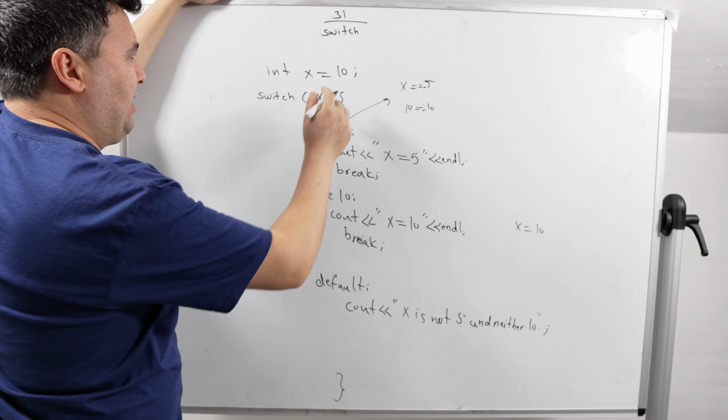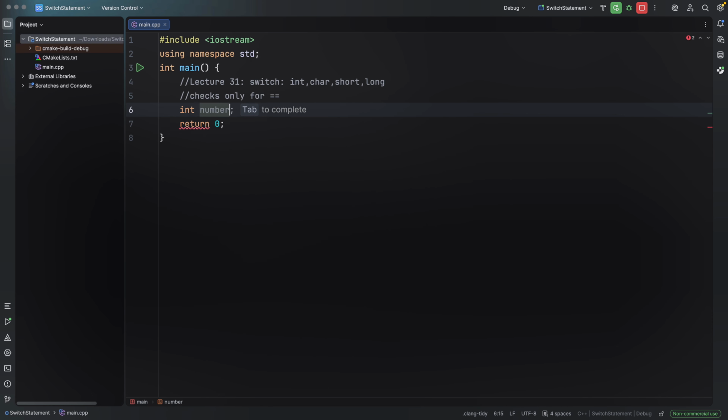So I write a program which asks the user to enter a number between 1 to 3. I declare a variable called number, and I use cout to ask the user to enter a number between 1, 2, 3.